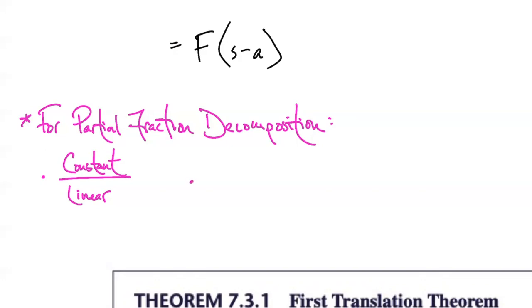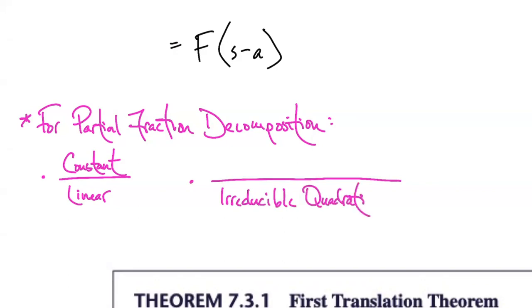But when we have, I don't want to just write quadratic, I want to take the time to write out this extra word, irreducible quadratic. If you have an irreducible quadratic on the bottom, then you have a linear factor on the top.